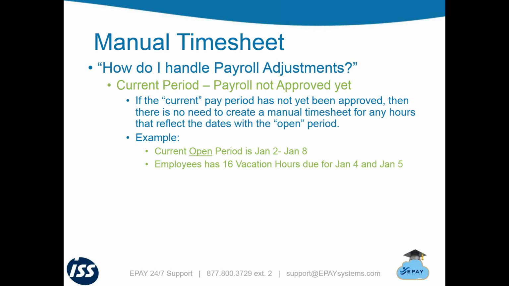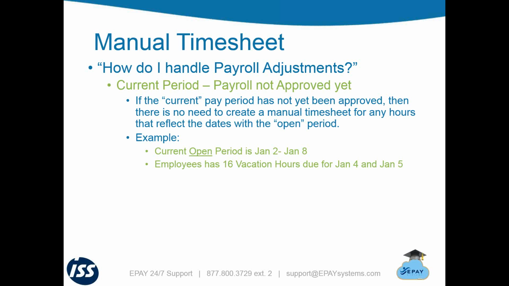So how do I handle this particular scenario? Well, if it's the current pay period, you're still in the current period, and payroll has not yet been approved, so keep that in mind, approvers, you have not approved payroll yet, then there is no need to create a manual timesheet for any hours that reflect the dates within the open period. So for example, the current pay period right now is January 2nd through January 8th.